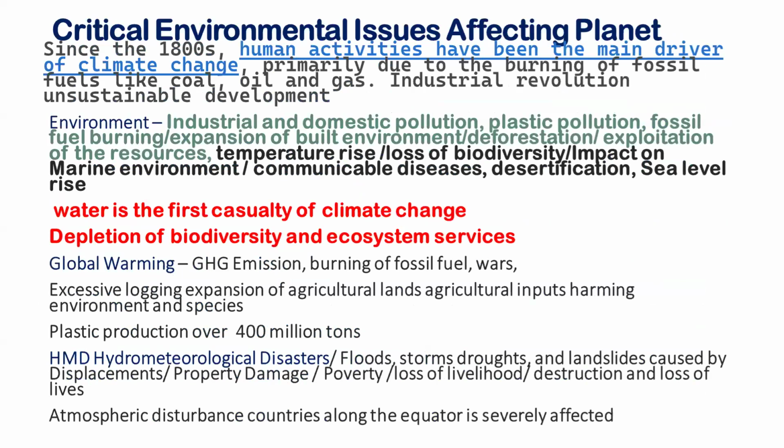I think that I have discussed almost everything, but we all know that water is the first casualty of climate change. Now, expansion of the built environment is one of the critical aspects of climate change.